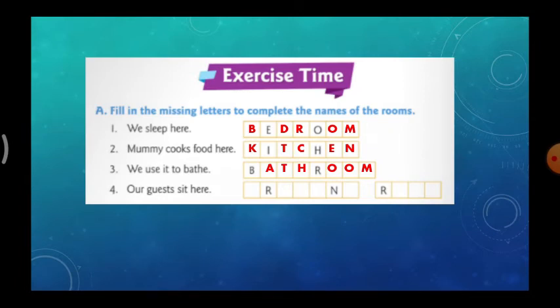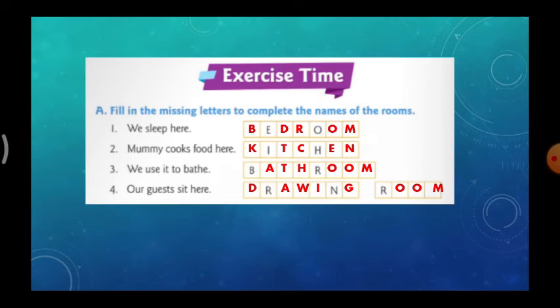Next, fourth one, our guest sit here. Where will our guest sit? Our guest will sit in the drawing room. So what is the spelling? Drawing room.